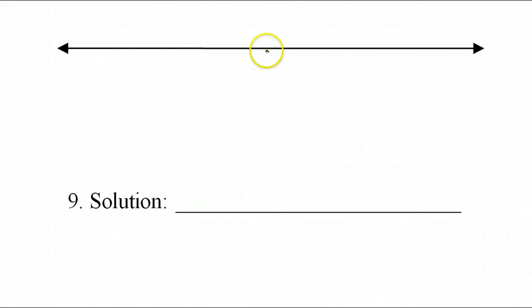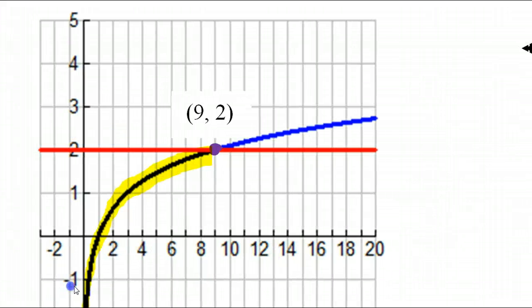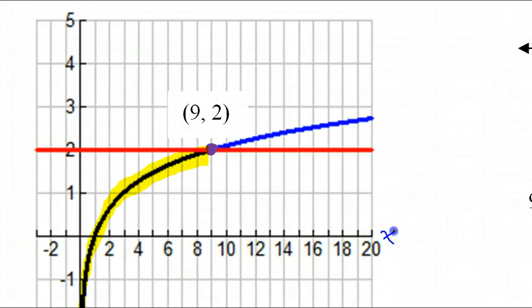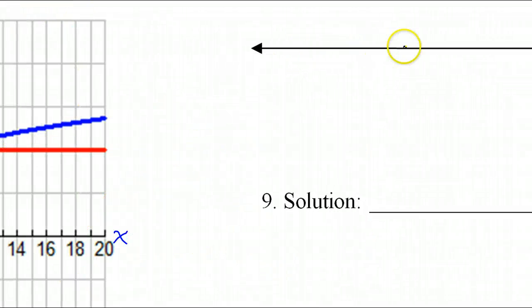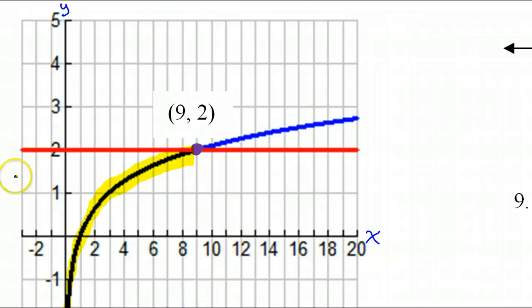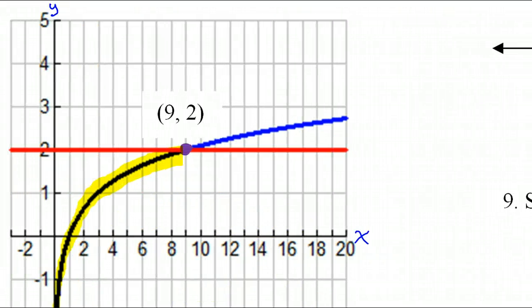Do you know what I'm talking about? I hope you do. This is the x-axis, and this is the y-axis. So when we do a number line like this, it's just like the x-axis. We're looking left to right, like the domain.